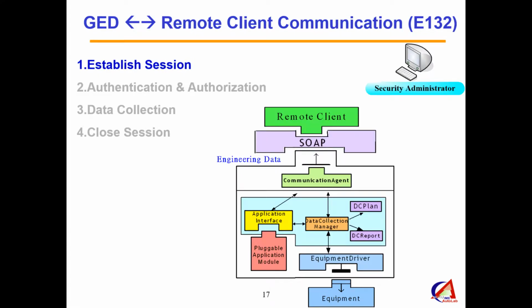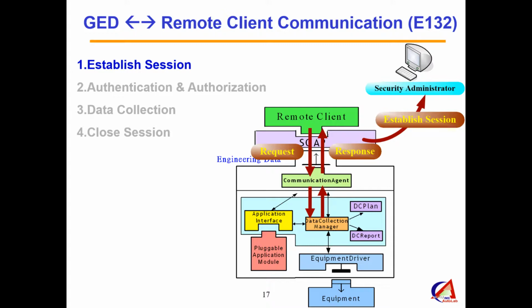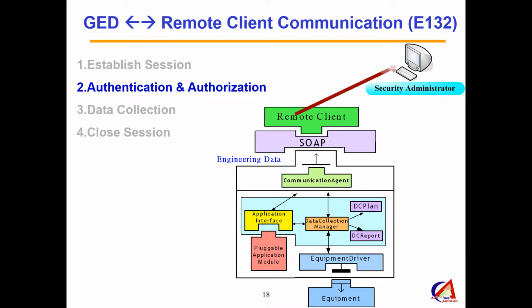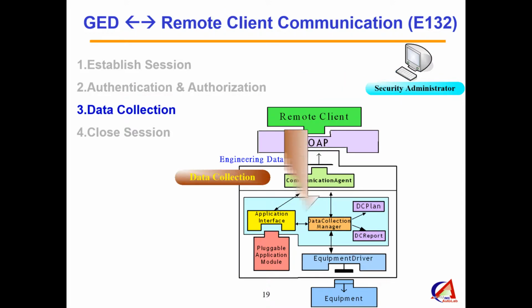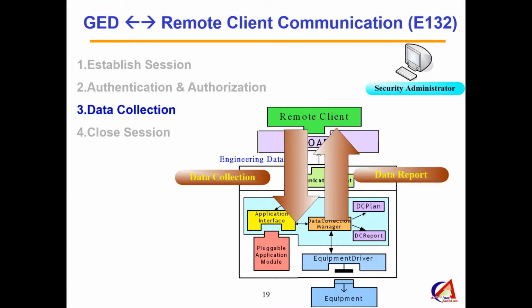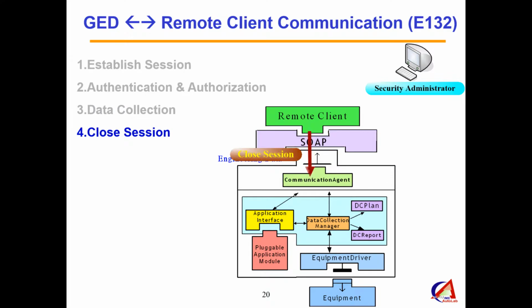To begin with, establish a session, right? We have an administrator here, so establish sessions. So you see the request, then send it to establish sessions, then do authentication and authorization, then do data collection and data reporting, and then close the session.